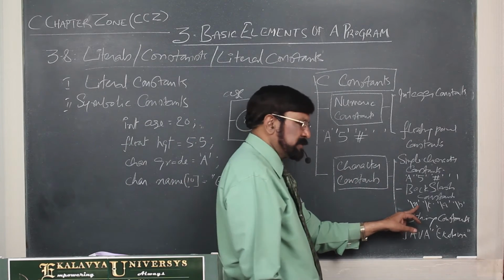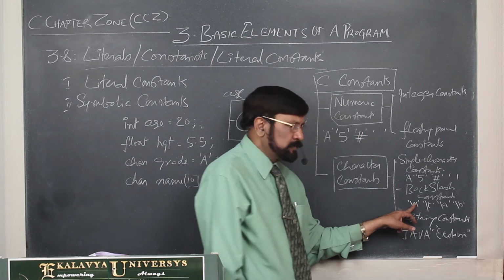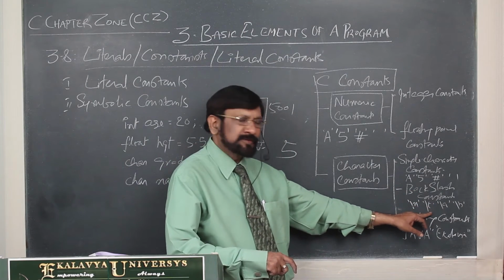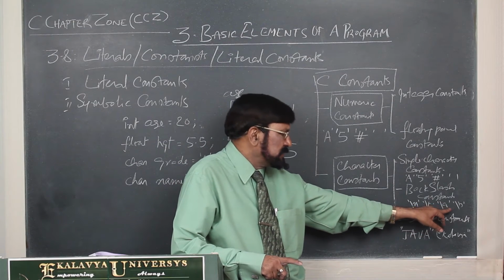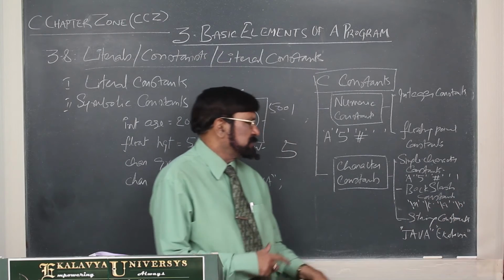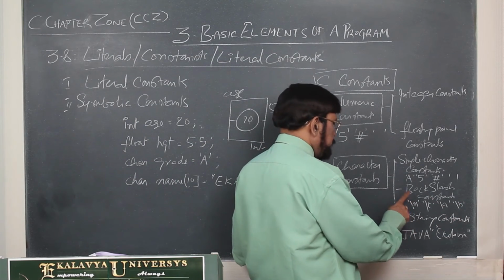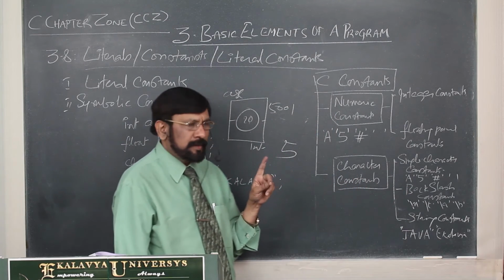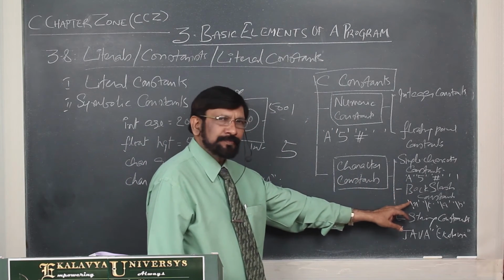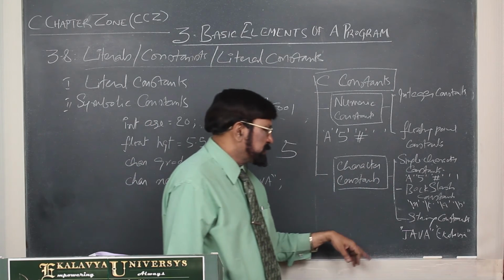Here two characters are there, one is backslash, the other one is a lowercase character. It represents the new line sequence, the horizontal tab, the alert sequence, the backspace sequence. Even though two characters are present, it is treated as a single character technically. That you have to understand. These are control characters, they represent an action.